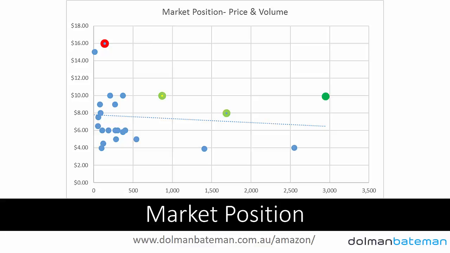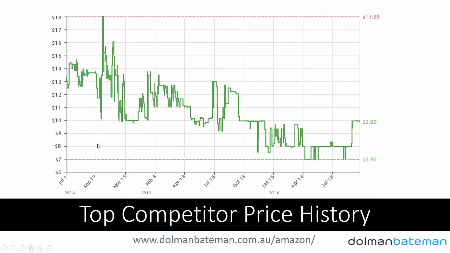But let's look at what happened with the pricing of the major competitor, because it's interesting. We got this information from Camel for the market leader, and it gives us a price history. We can see here that the market leader has started to drag down the market, and basically everyone's followed. They've pushed their price down to $8.